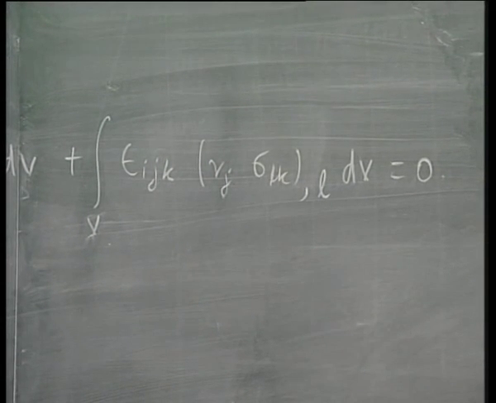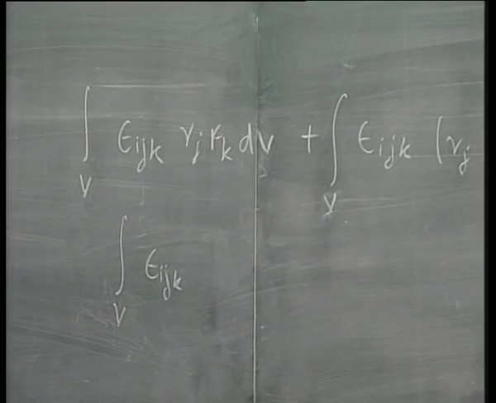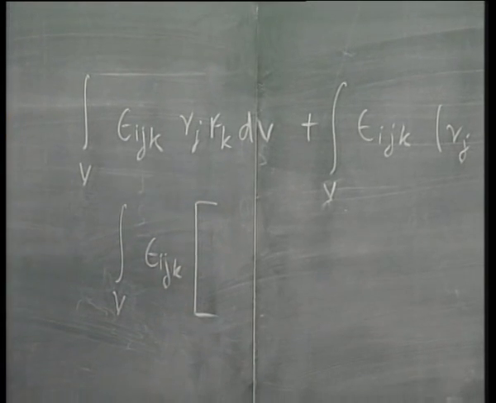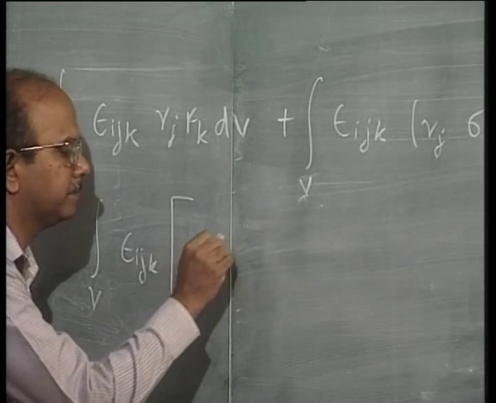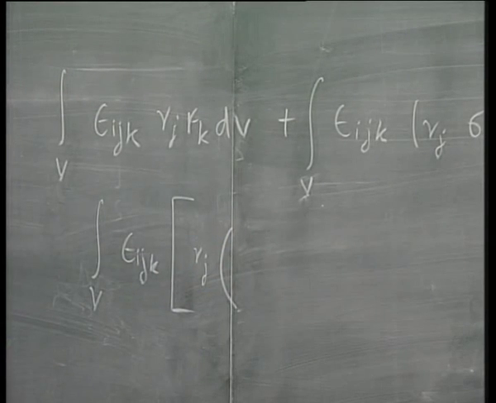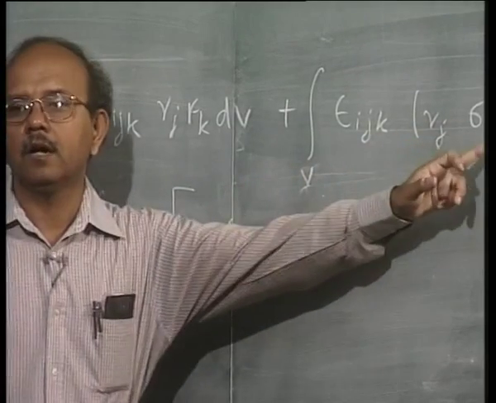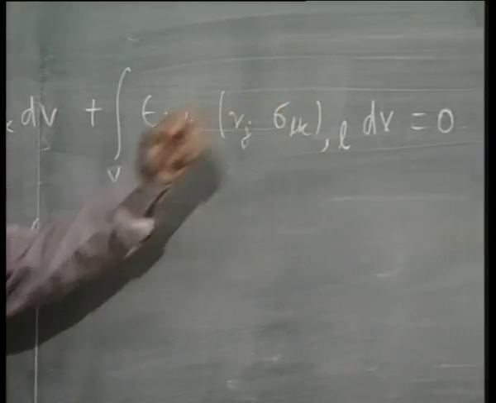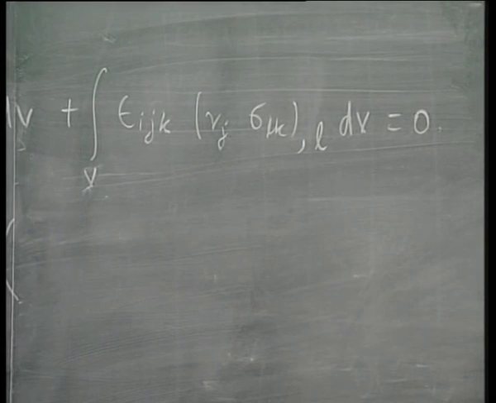So let me write this as V epsilon_ijk into r_j into, okay, so I have to differentiate this: r_j comma l sigma_lk plus r_j sigma_lk comma l.